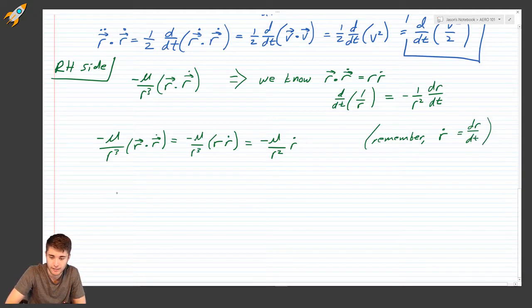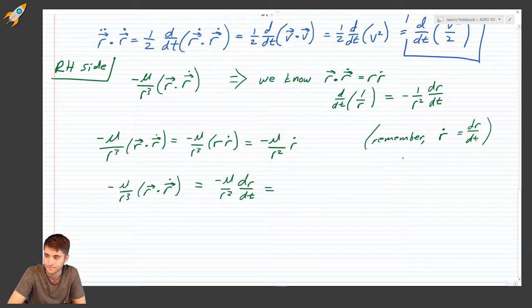So then we've got this, negative mu over r cubed multiplied by the dot product of position and velocity, which is our right-hand side of that equation, is equal to negative mu over r squared dr over dt.